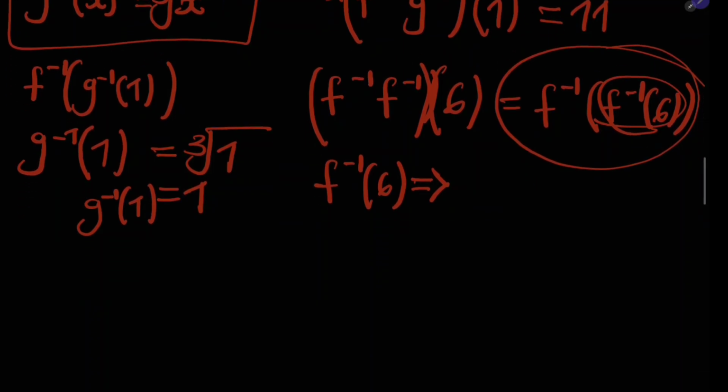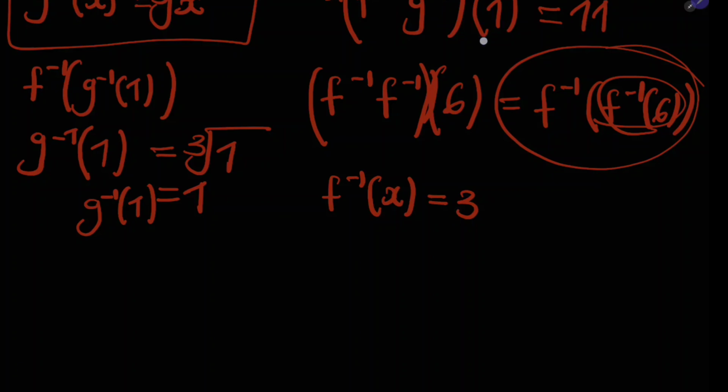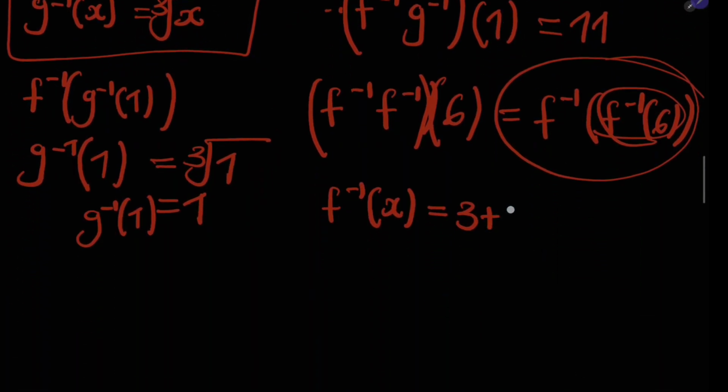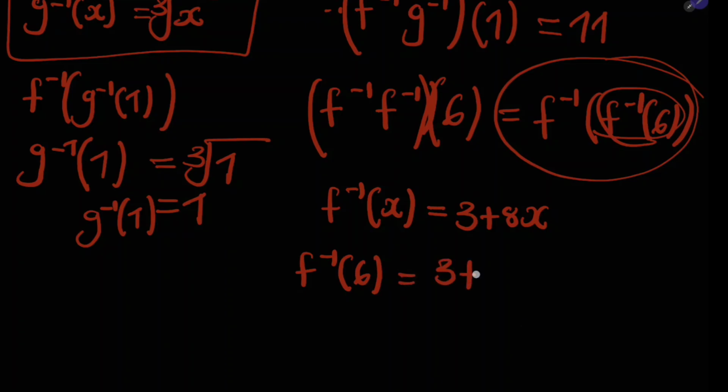Sorry, let me just write it down here. Our f inverse of x is 3 plus 8x. So now we have f inverse of 6, which is 3 plus 8 into 6.